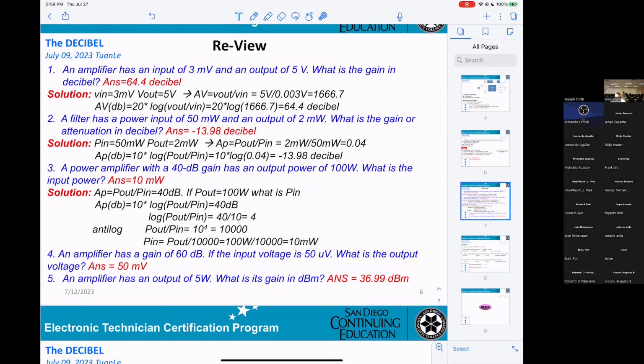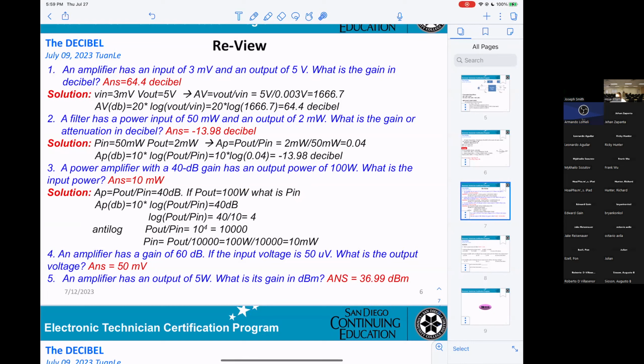Okay, number 3, the power amplifier has a 40 dB gain at output power 100 watt. What is the input power? Okay, so AP will be equal to P out divided by P in, and equal to 40 dB. If P out is 100 watt, what is P in?